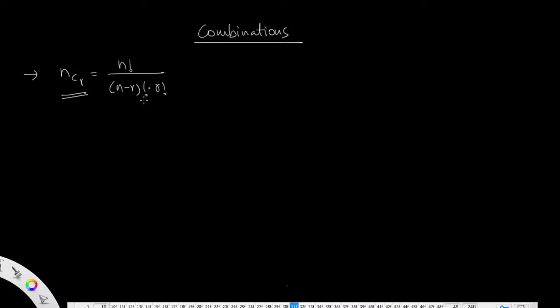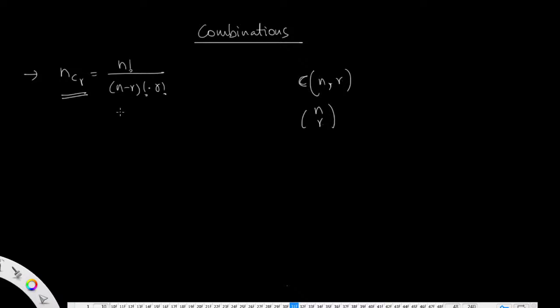The formula is also denoted in another form, C of n comma r, which is nothing but out of n things taken r at a time. Combination of n comma r is nothing but out of n things taken r at a time.